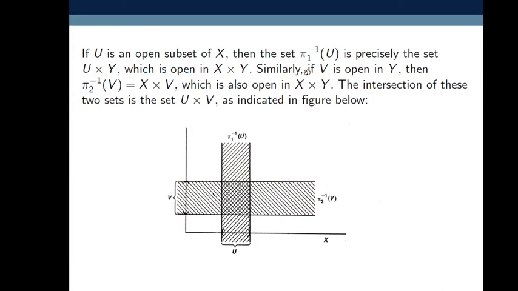So in the next theorem we use this note. Remember, if U is open in X, then pi1 inverse of U is equal to U times Y, and if V is open in Y, then pi2 inverse of V is X times V, and both products are open in the Cartesian product of X and Y.